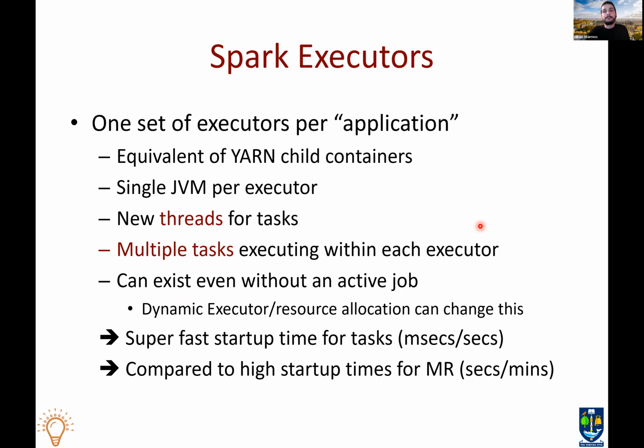Okay. So we have one set of executors per application, and these executors are the equivalent of Yarn child containers. You have one JVM per executor, but every executor can execute many tasks. You have a thread pool in the executor, so multiple tasks can be executed within each executor. Also, we've said last week, this is one of the main design decisions that made Spark better than MapReduce.